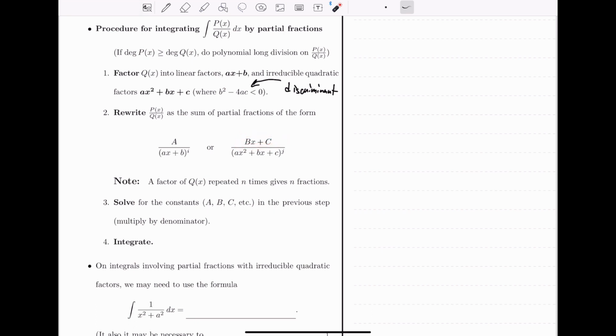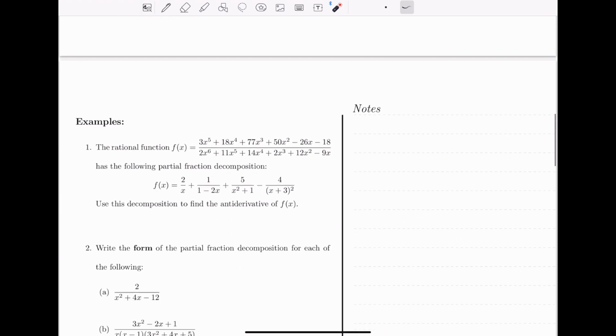And when we have repeated factors, we have to repeat the fractions, and we'll see examples for how to do that. Once we have the form of the partial fraction decomposition, we solve for these constants a, b, and c. Once we've done that, we will have successfully decomposed our original rational function into partial fractions, and at that point, we can then integrate. So let's practice.